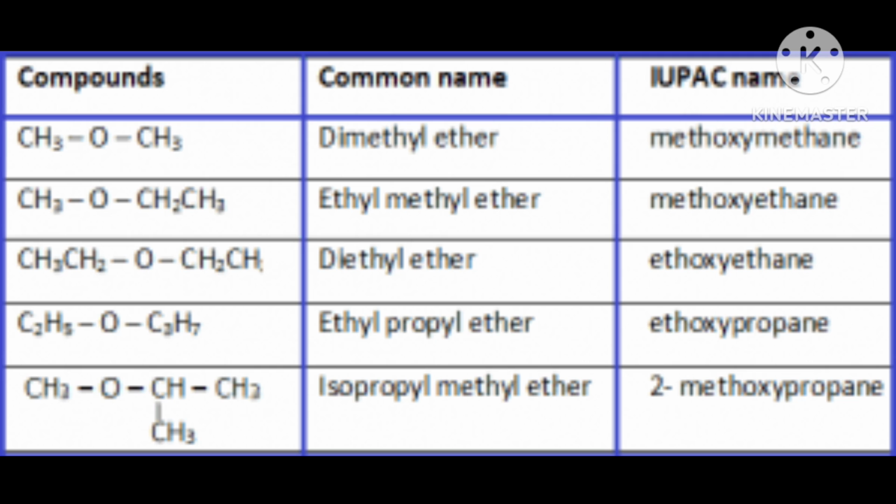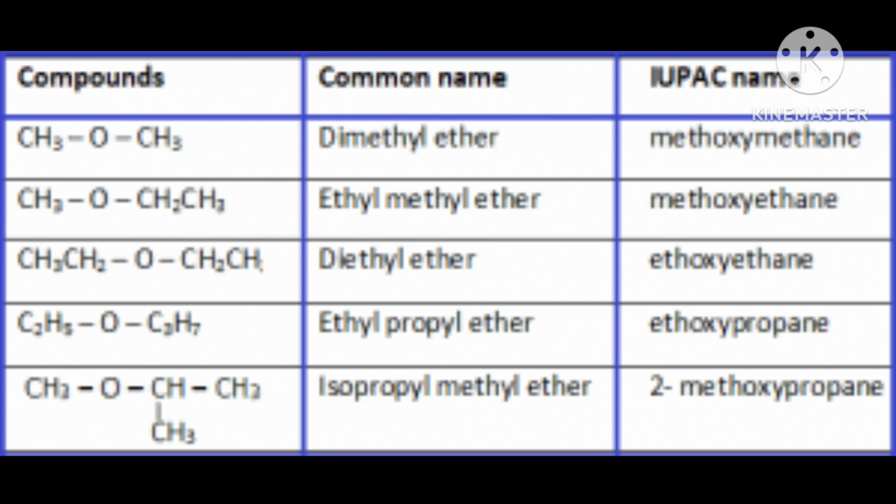The first example I am telling you is CH3OC2H5. One side a methyl group is attached, the other side an ethyl group. Both groups are different, so this is an unsymmetrical or mixed ether.